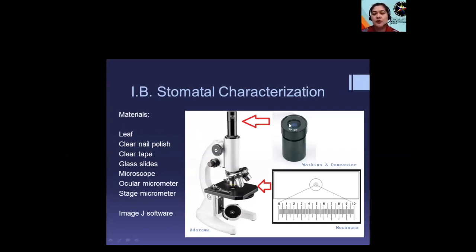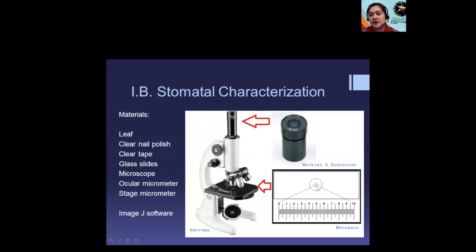Parang may maliit na ruler doon. And this is something that you would need to calibrate kasi nagbabago po yan. Kasi syempre lumalaki po ang field of view pag ay lumiliit ang field of view sa bawat lipat natin ng objective. So ang pang-calibrate po natin dyan ay stage micrometer. So the stage micrometer is actually a slide.